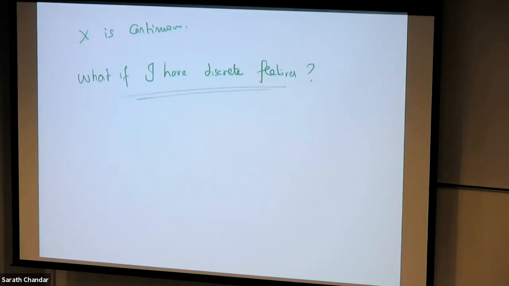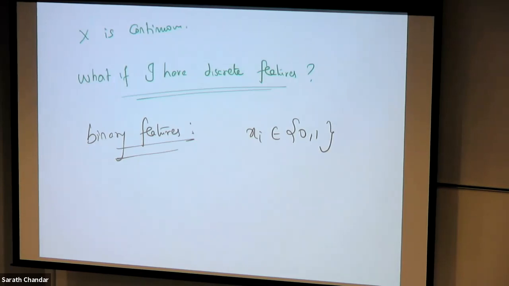Okay, then it doesn't make sense to have a Gaussian distribution to fit a discrete variable, right? Gaussian is for continuous variables. So now, maybe to make our discussion simpler, let's just talk about binary features. What if I have a feature xi which is just 0 or 1?